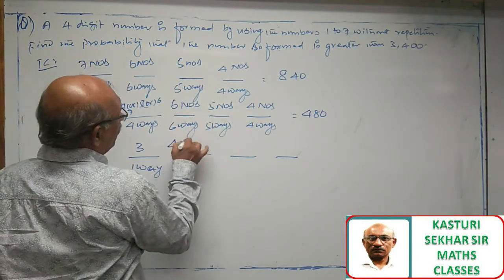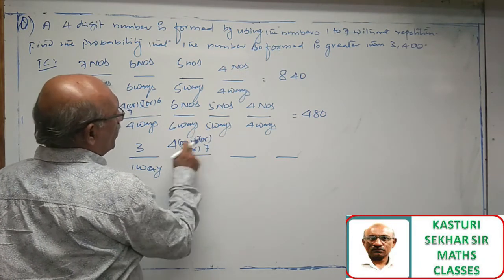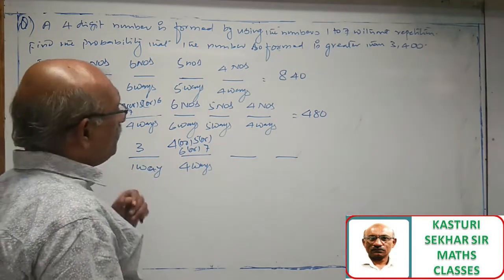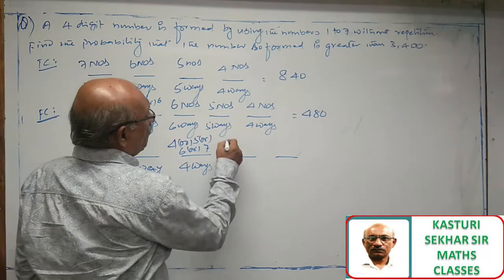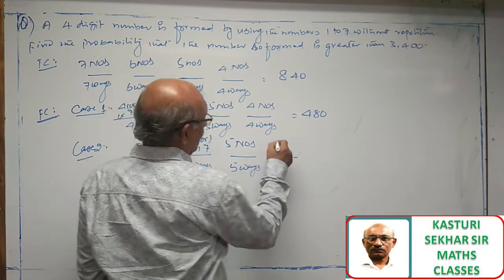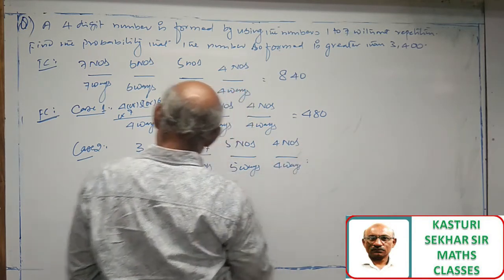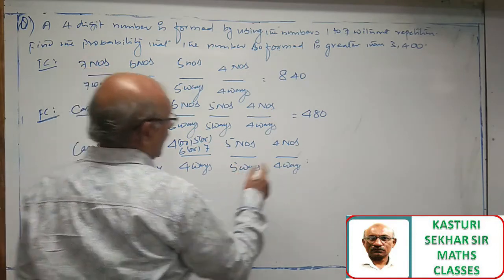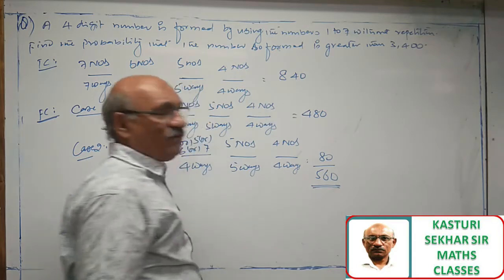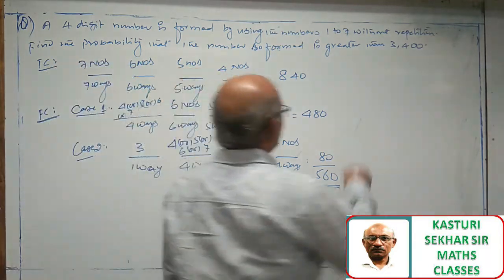So this place can be occupied by 4 or 5 or 6 or 7. 4 ways I can fill up this. 2 numbers are already used. 5 numbers are available. This can be filled in 5 ways. 4 numbers are available. This can be filled in 4 ways. So 80, 560. How many favorable cases are there? 560 favorable cases are there.